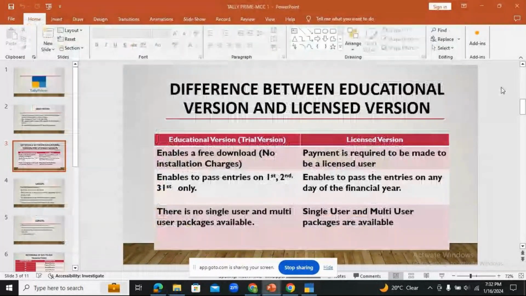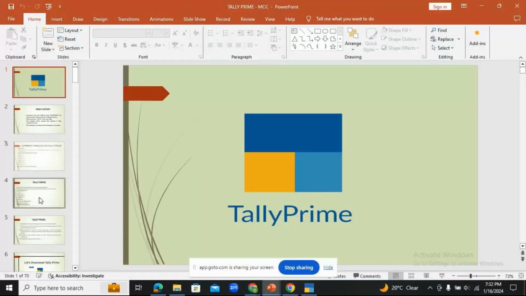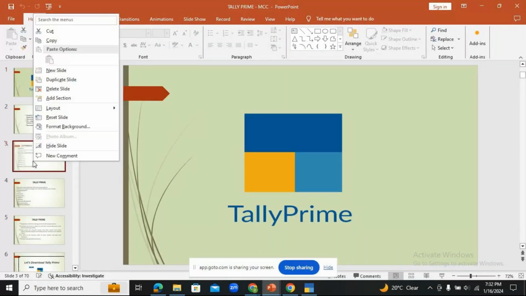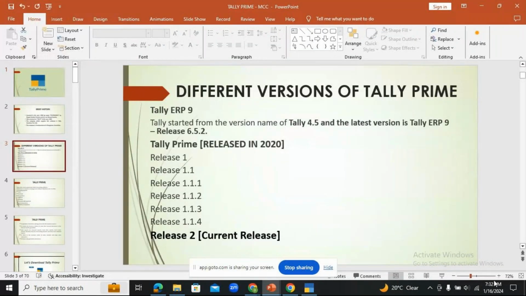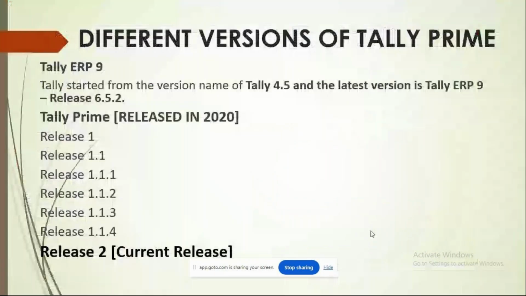So these are the older versions, the ones we had with ERP9. Of course, it started from the first version of 4.5, and the latest version was ERP9. We had the 6.5.2 release.